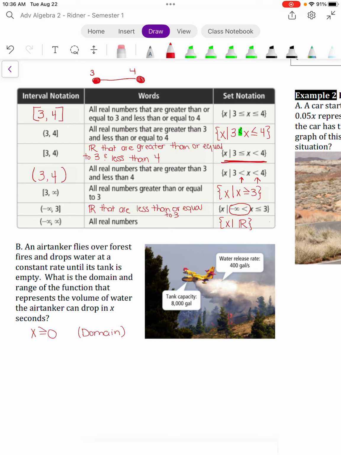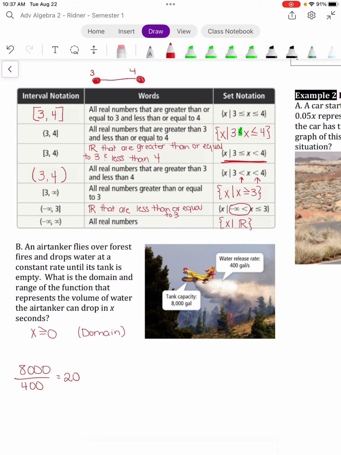But then the maximum the tanker can drop is 8,000 gallons is what it holds, and it goes at 400 gallons per second. So what is 8,000 divided by 400? Well, that's 20. That's the max amount that it can hold.